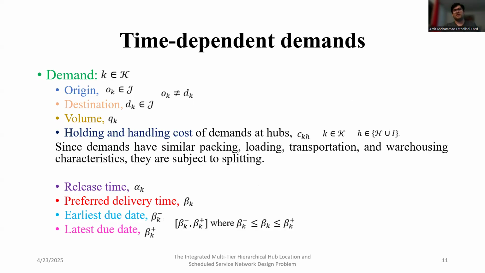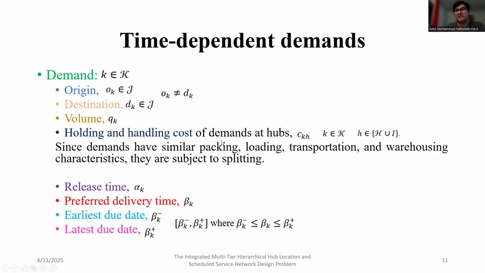And the most important part of this freight transportation system are the demands, where, as I said, each demand has an origin and a destination, where the origin and destinations are located from the set of service nodes, and each demand has a volume, and there is also a holding and handling cost for movement of this demand at the hubs.